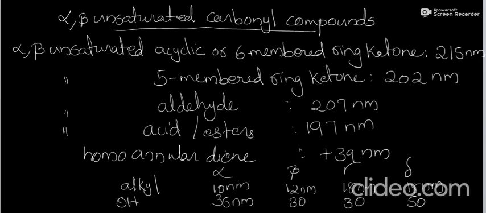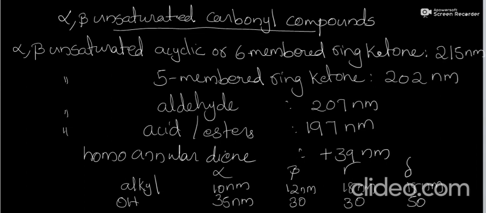modifications. These structural modifications to the chromophore affect the lambda maximum of the pi to pi star transition in a predictable manner. Whereas the structural modifications to the chromophore doesn't affect the lambda maximum of the n to pi star transition in a remarkable way.